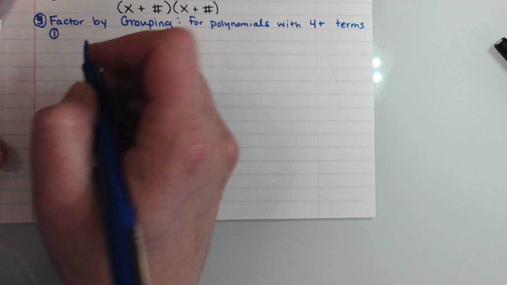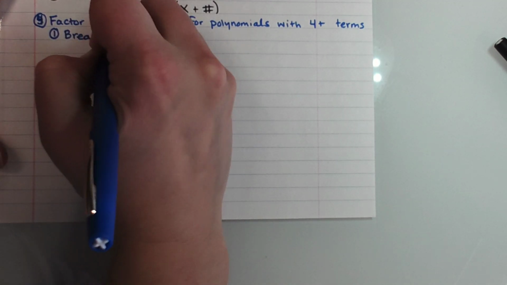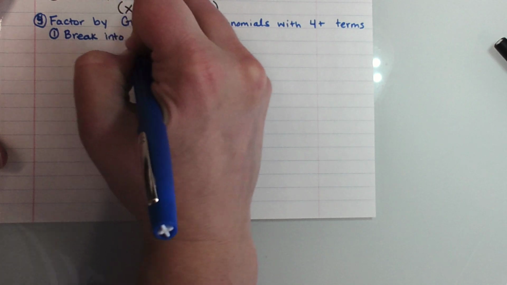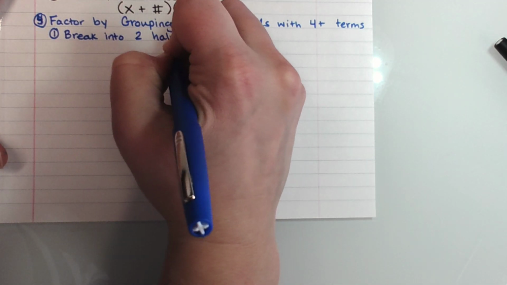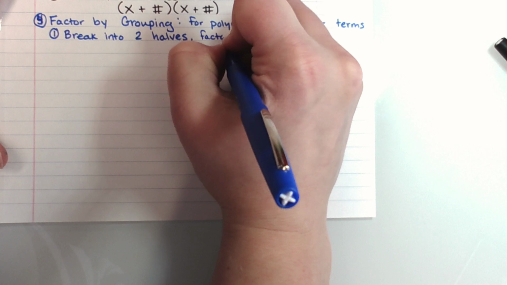So, when you are factoring by grouping, you are going to break the polynomial into 2 halves, and you're going to factor out the GCF from each.